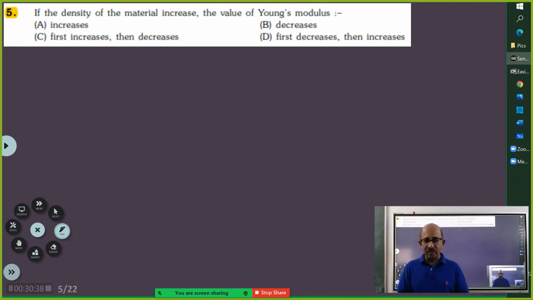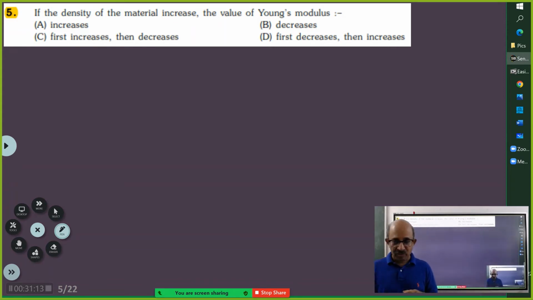And that is the reason why, if the density of a material increases, we are not taking two materials of two different densities. The same material, if the density increases, then as the packing goes on increasing, the capacity of the external forces to deform it goes on reducing. In other words, the material acquires a property to oppose, it gets more capacity to oppose the external deforming forces.